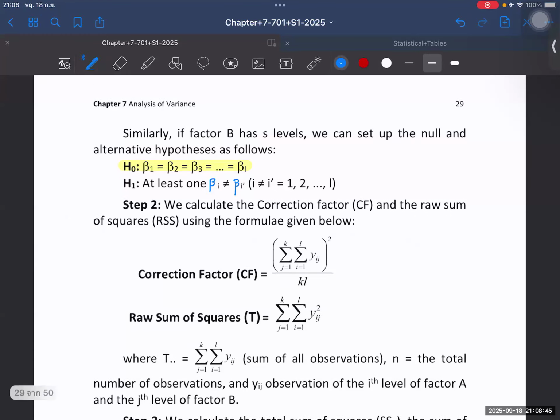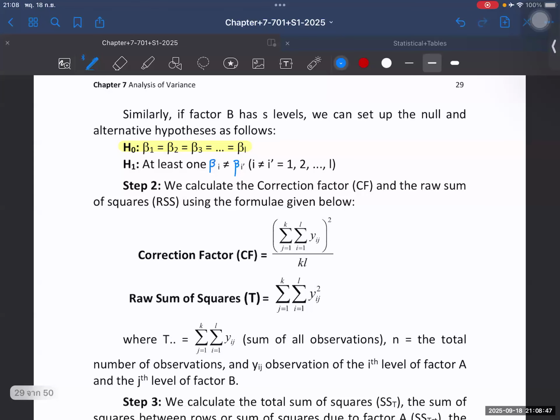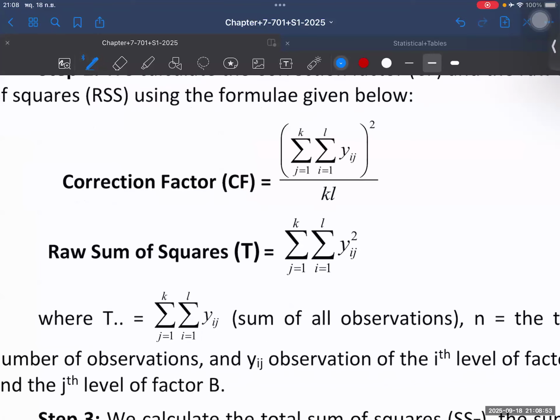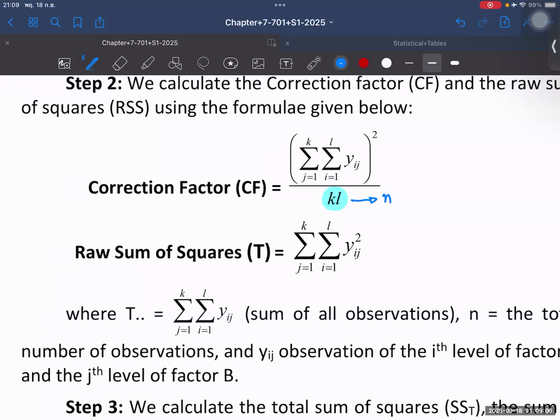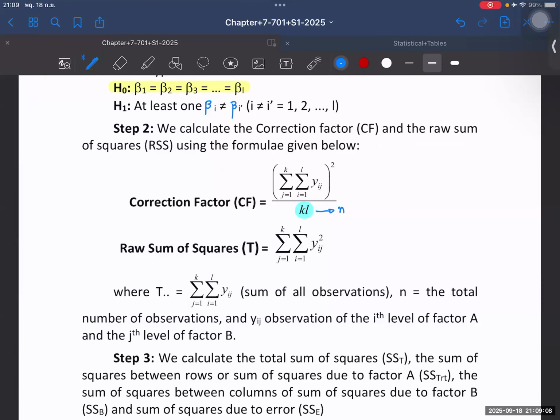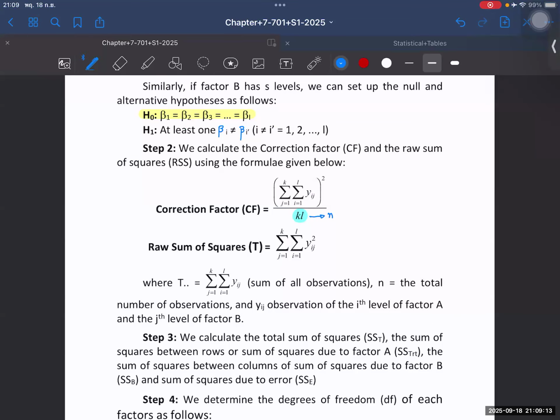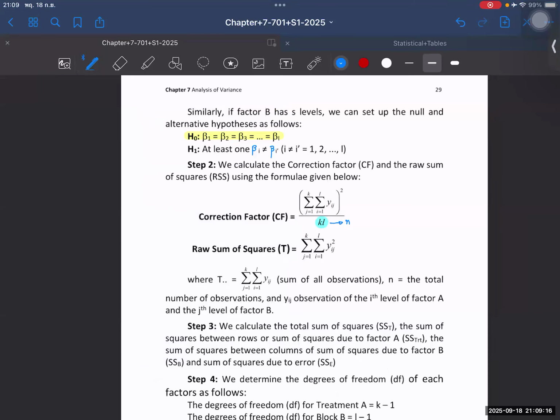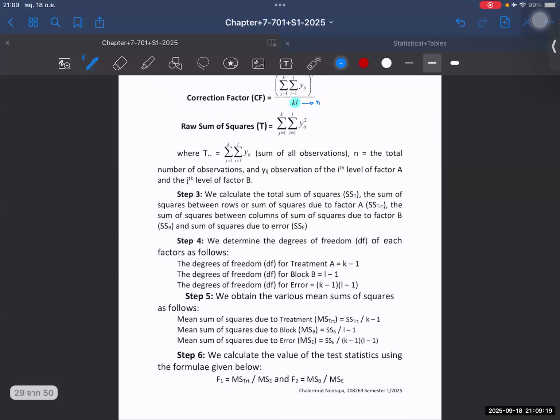And we can calculate the correction factor, the CF. We can identify the term of the double summation of Yij, and this term is equal to n. And we find the total sum of squares by the sum of Yij squared. Then we compute the degrees of freedom for the treatment.